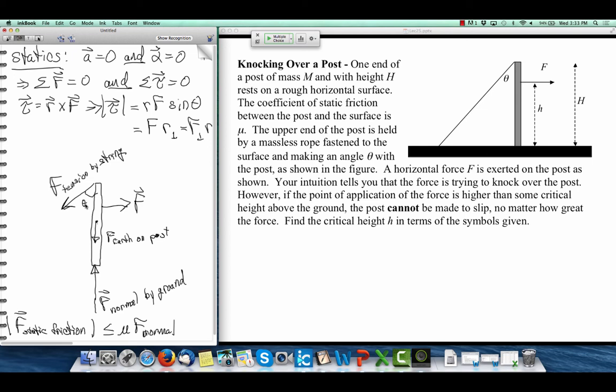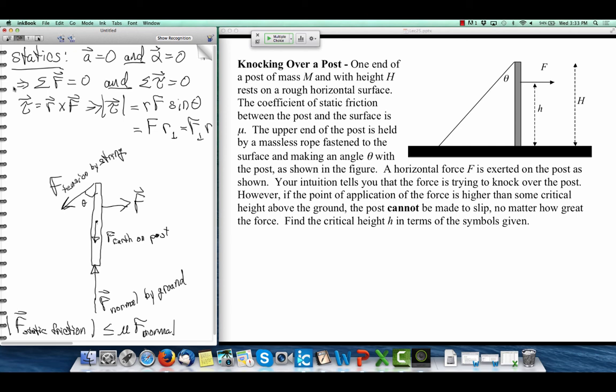So what do we need? We need, this is a static problem, so the net force has to be zero, and the net torque has to be zero. So how do we deal with the net force and net torque? Well, this is a homework problem, so I'm not going to just write down all the equations.